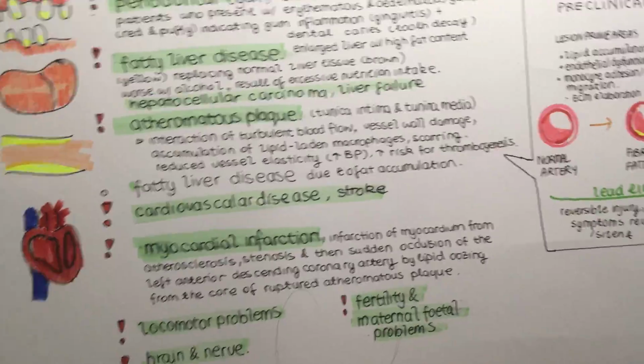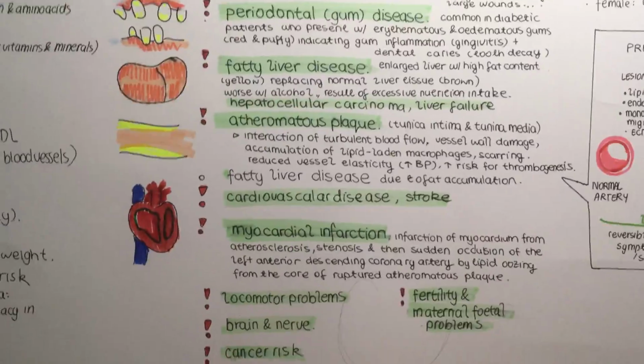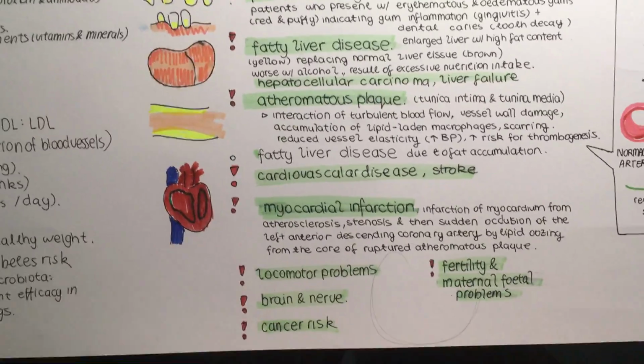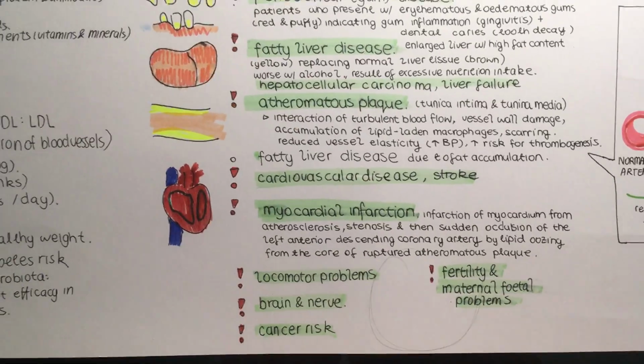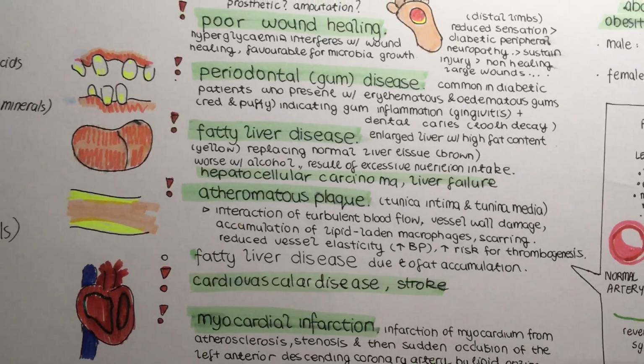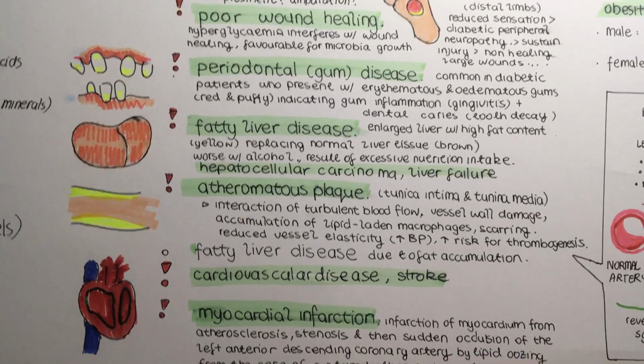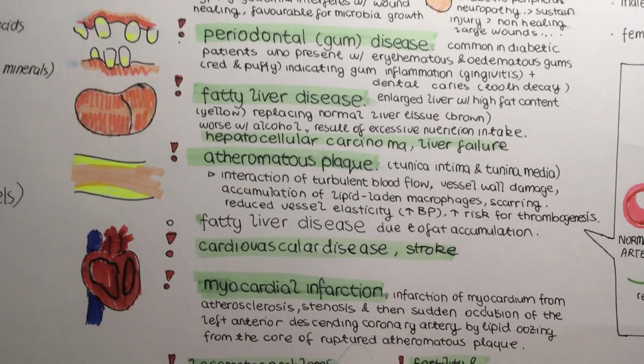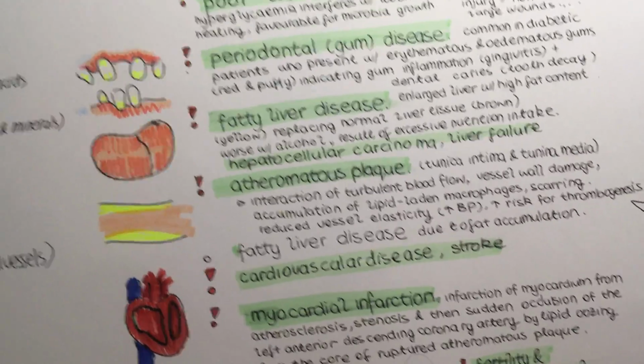Atheromatous plaque, which we have already discussed, overall reduces the vessel elasticity and increases the risk for thrombosis, which leads to things such as fatty liver disease, because you might clog the bile ducts.